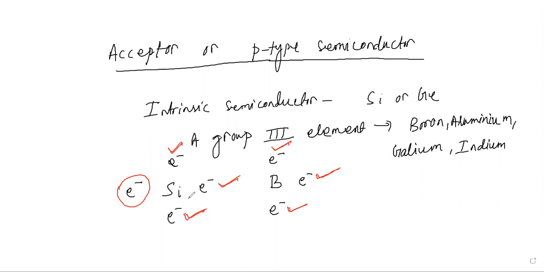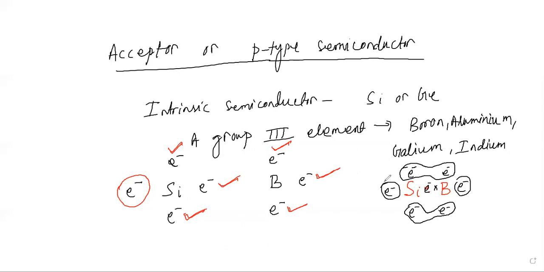If we take silicon and boron, here you have an empty position which can be taken up, and all the other electrons form the covalent bonding, taken up in the covalent bonds.